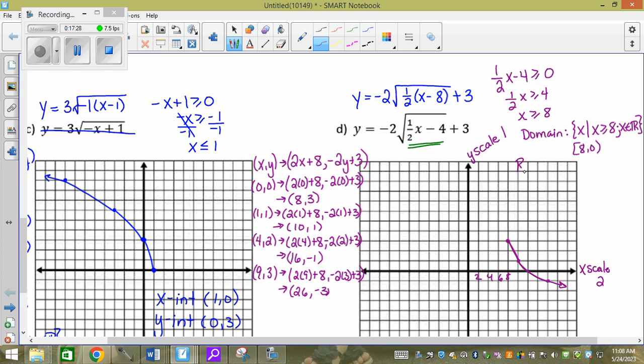My range is less than this time. Why? Because of that reflection. So we get y is less than or equal to my vertical translation, 3. That's the only thing that can move the y.